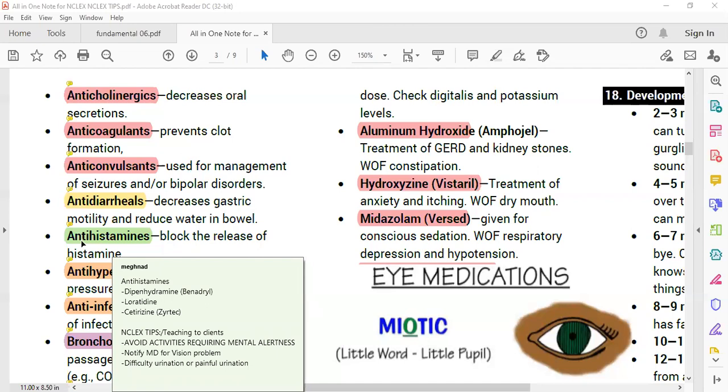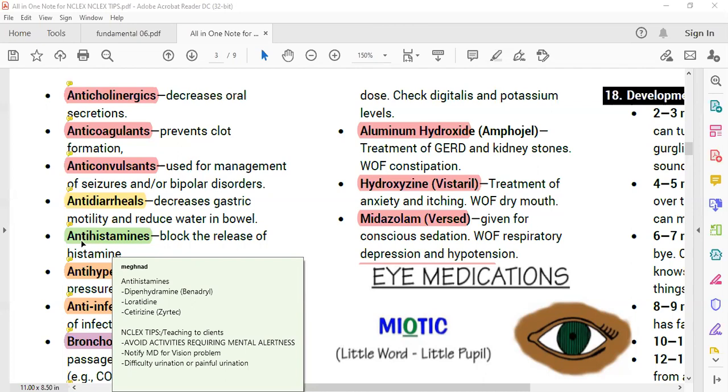Keep in mind, when we prescribe antihistamine, particularly Benadryl or diphenhydramine, you could tell your patient to take it with food or milk, because food or milk decreases gastrointestinal upset. So it is good to take with food.